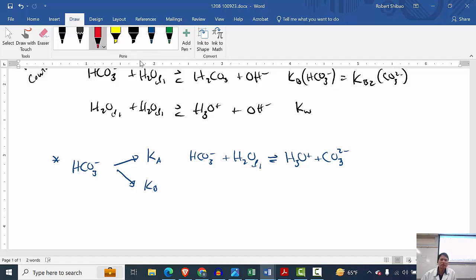So there are two things that we do with this. One, for base solutions such as carbonate, only hydroxide contributors are considered.